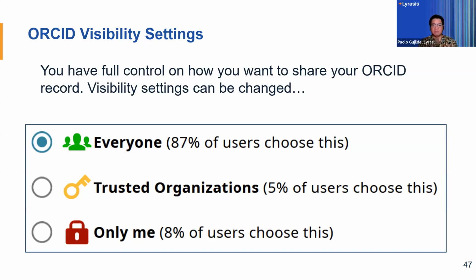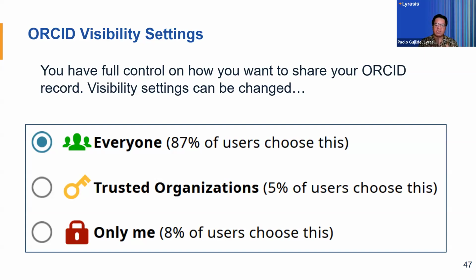Everyone basically means that it's publicly available, so it's available to pretty much anyone who can go in and see your ORCID record. The next one is trusted organizations only, meaning those organizations that you have given permissions to can access the data from your ORCID record.